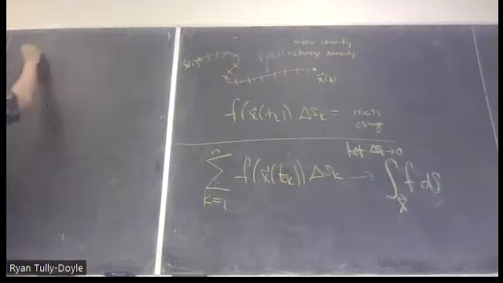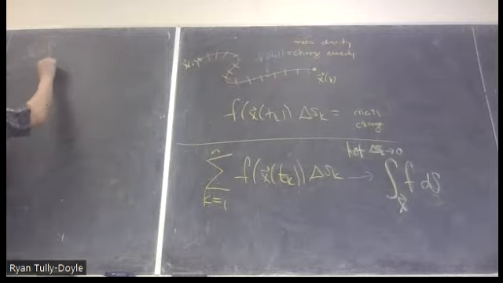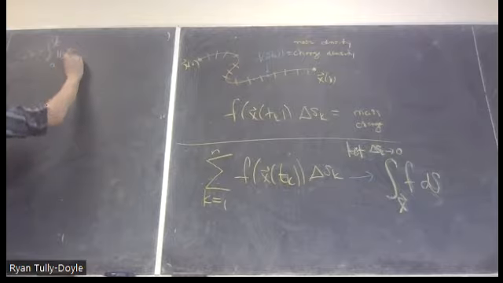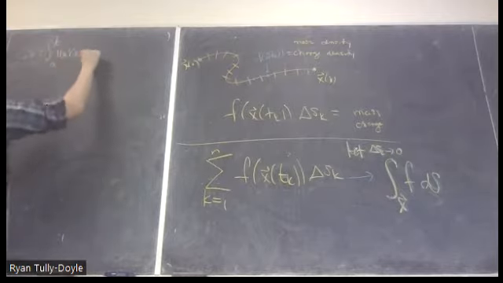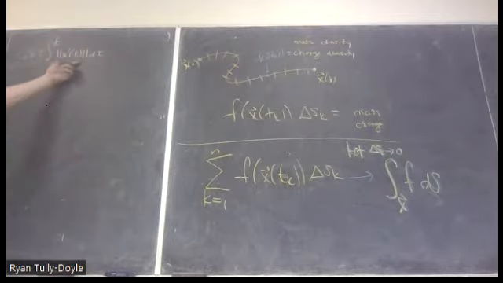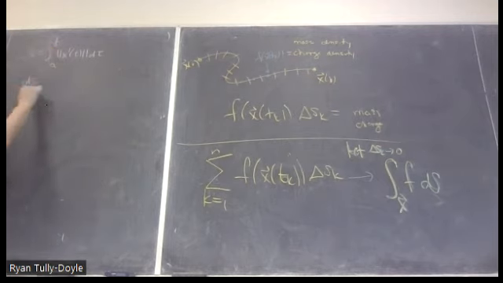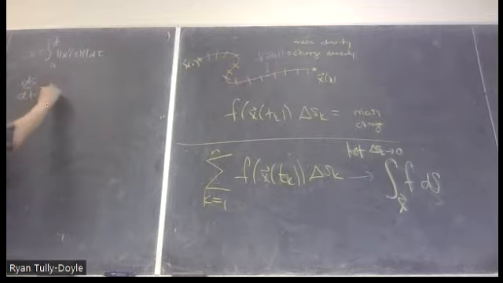S of t is the integral from a to t of the length of x prime of tau d tau, because it's the length of that vector. So what's ds/dt? Length of x prime of t.